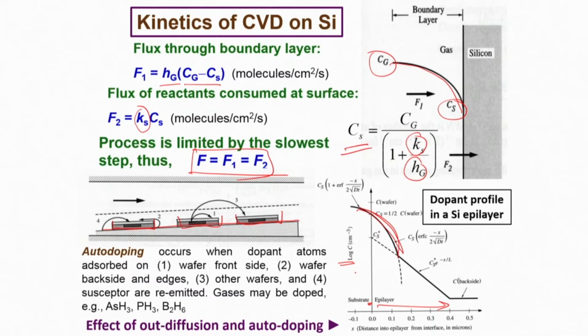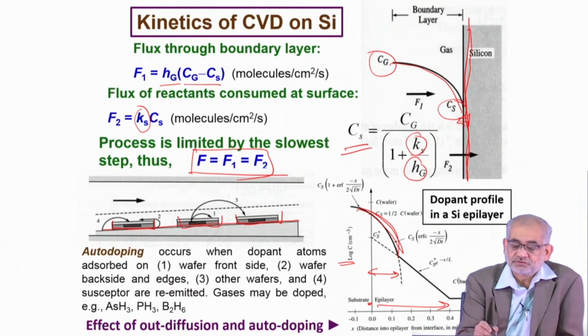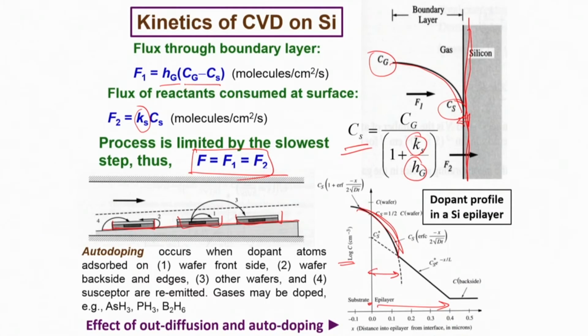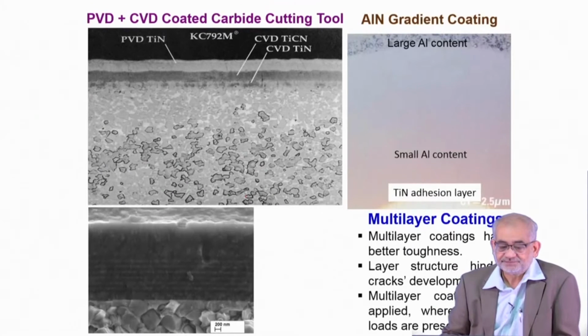The important point is that this high concentration depth from the surface, this region from the surface, is very important, and the thickness of this region can be controlled through controlling the concentration terms, which in turn will be from the feed rate and of course the temperature and other parameters.